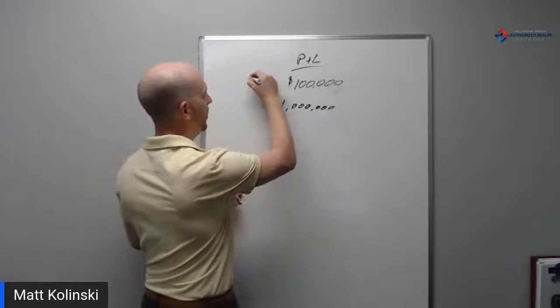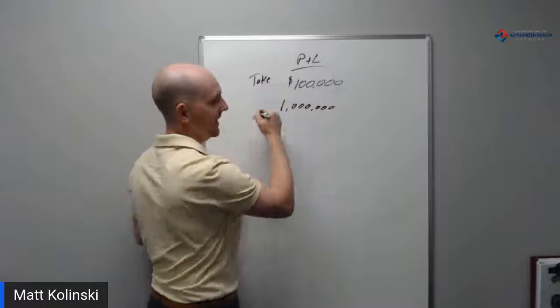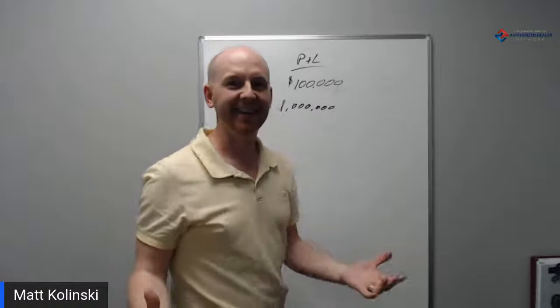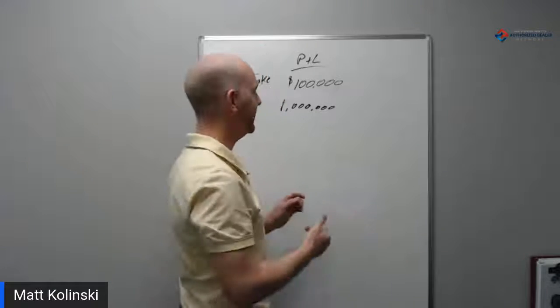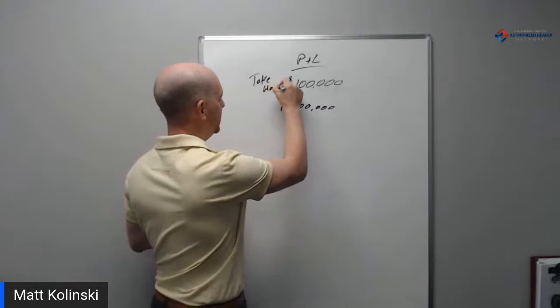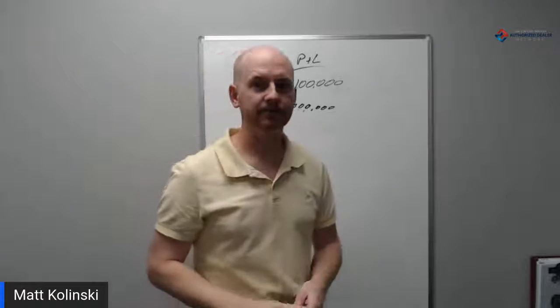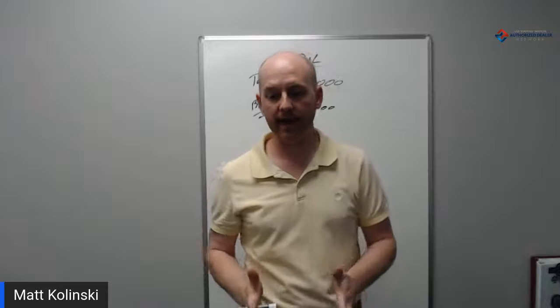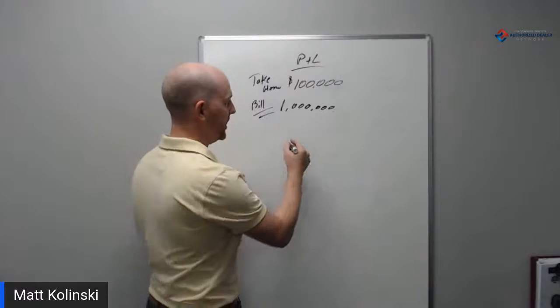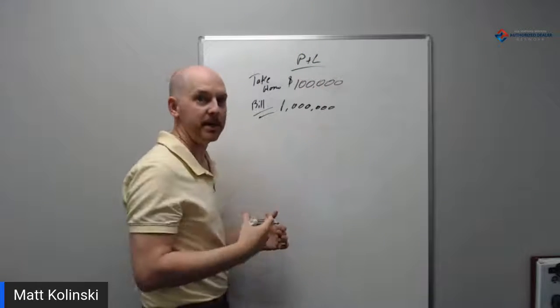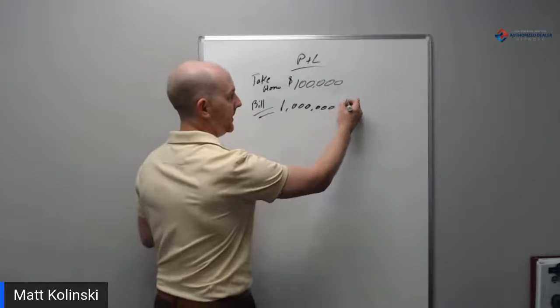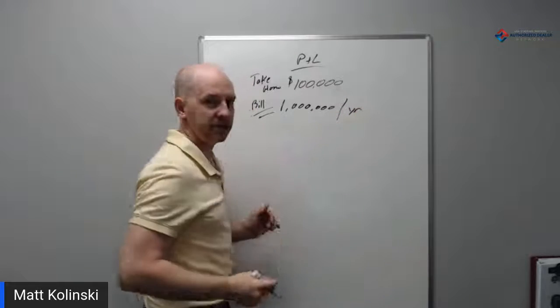So this is your take home, this is your boat money, your vacation money, your rest easy money. Take home $100,000. You need your revenue to be $1 million. And so when you break it down by $1 million, the question is, how much do you have to do a week in billing to get to the $1 million? So this is $1 million per year. How much is it per week?